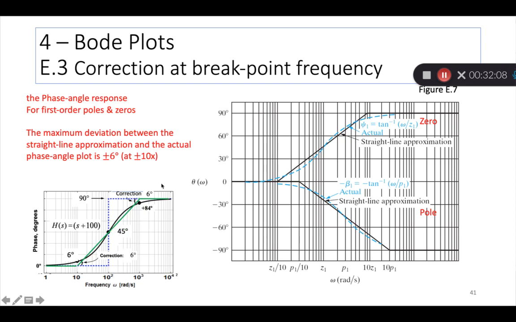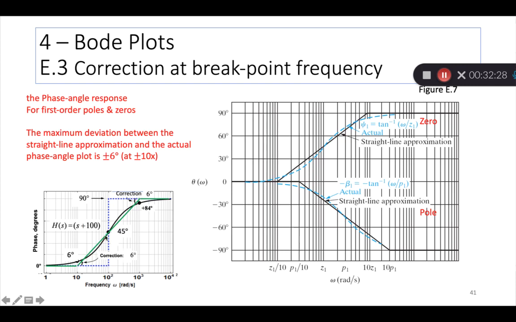In this case, this is a zero, so it's pointing upward. If it was a pole, it would point downwards. Here the midpoint is plus 45, and the slope line goes from 10 to 1000, going through 100.